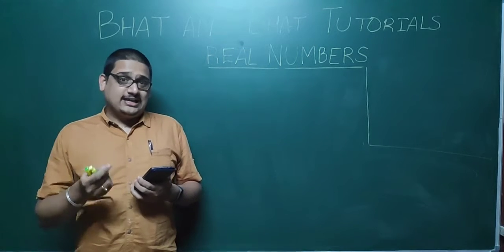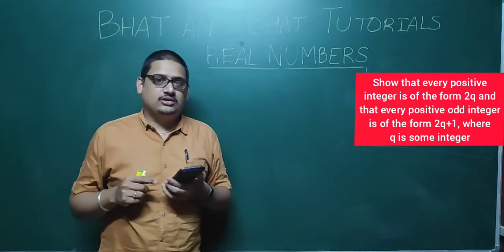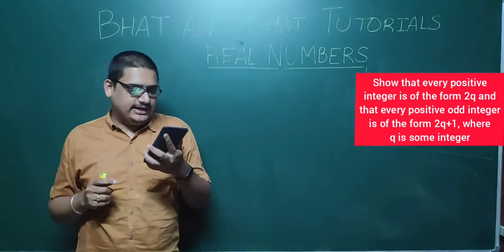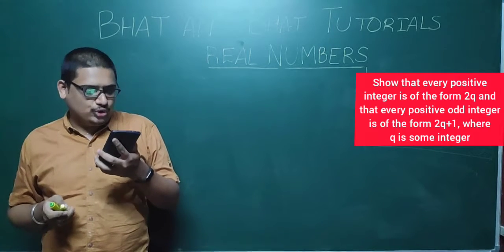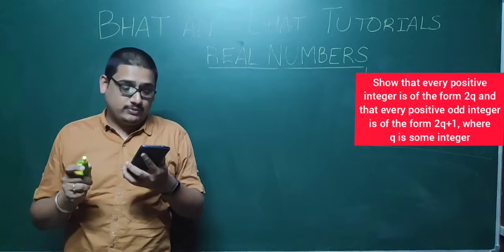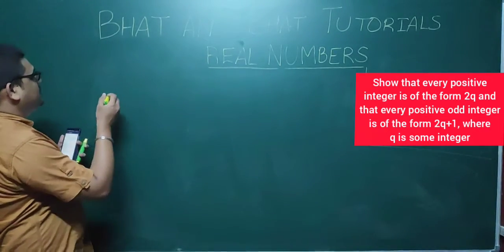So, let's observe that from the Euclid's division lemma point of view. I have given this question on the board. It says, show that every positive even integer is of the form 2q and that every positive odd integer is of the form 2q plus 1, where q is some integer. Let us try to analyze.